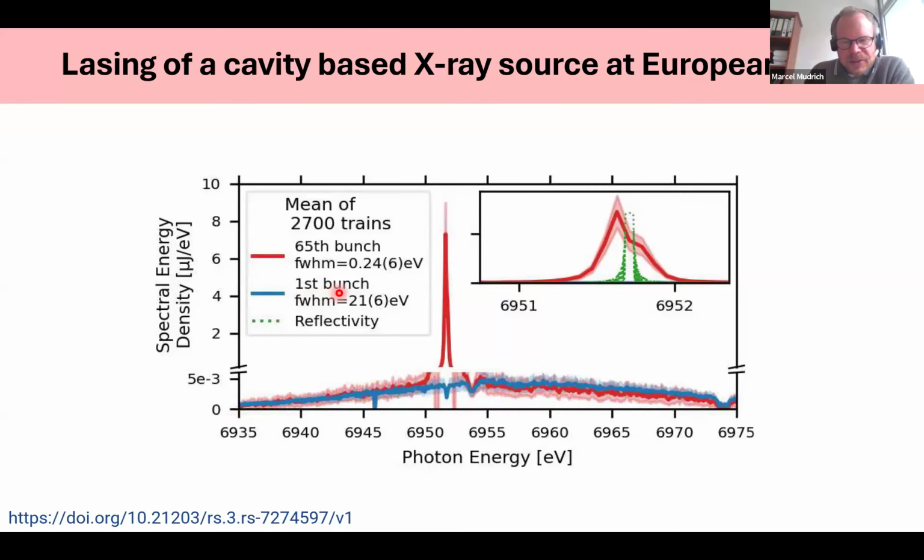So there's basically only maybe one round trip. But then after 65 round trips and 55 times coherent amplification inside the laser resonator, you can really follow, for every round trip, how the spectrum evolves and develops this sharp laser emission line.